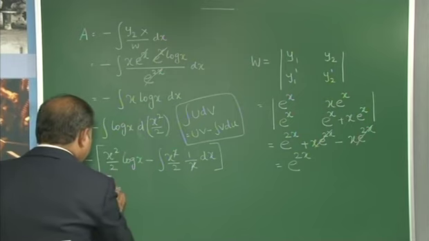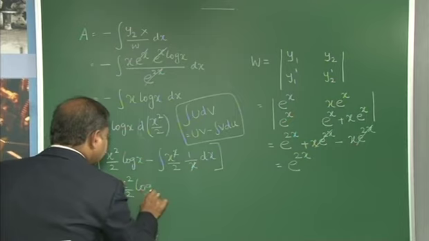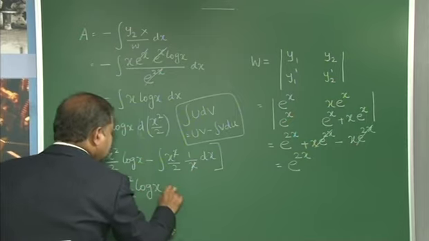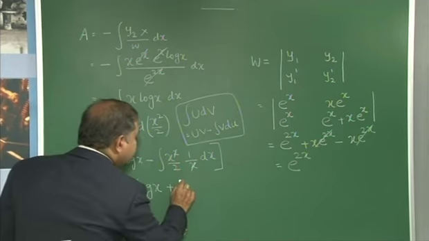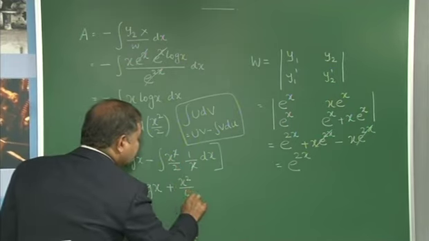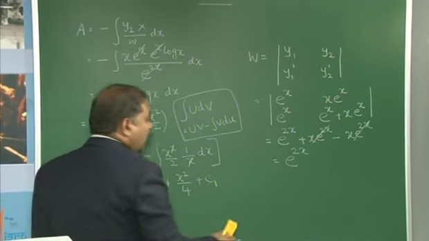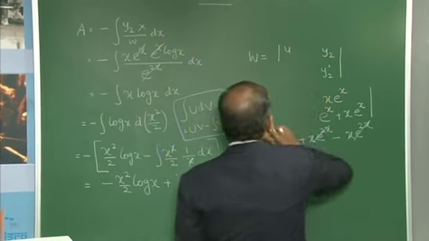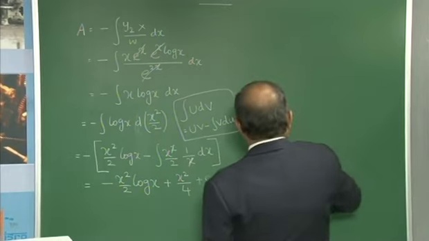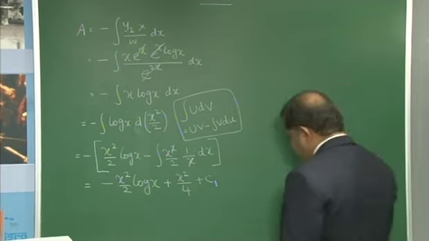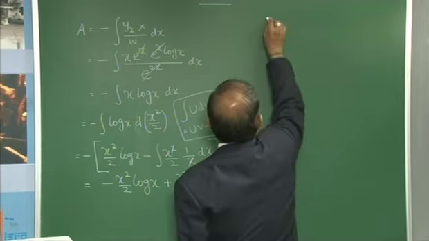So minus x²/2 log x, minus into minus is plus, here I have x/2, and its integration is x²/4 plus one constant c1, the integration constant. Since it is an indefinite integral, we get an integration constant.